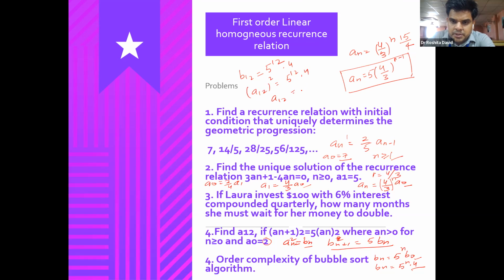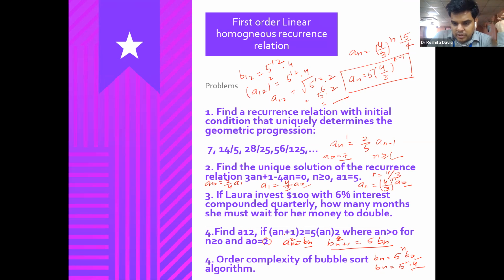So it's going to be the square root of 5 to the power 12 into 4, which is 5 to the power 6 into 2. This you can compute, it's 3125 into 5, whatever. This is going to be a12.